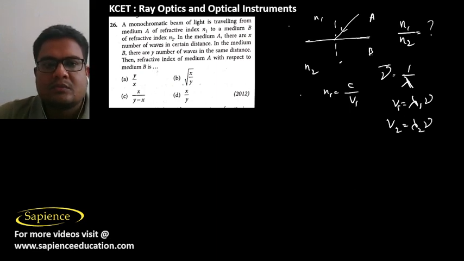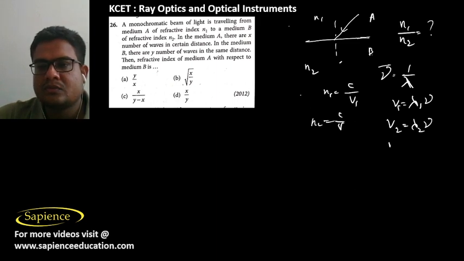Since it is monochromatic, its frequency will remain unchanged when the medium changes, so only the wavelength will change. And n2 is c by v2.